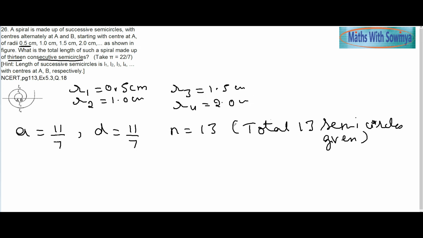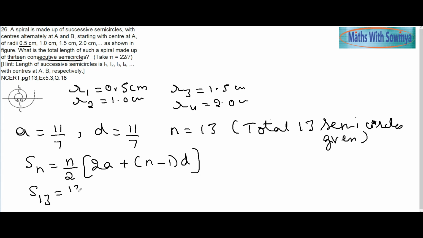So we take N is equal to 13 and apply the formula: 13 by 2, into 2 times 11 by 7 plus 13 minus 1 times 11 by 7.